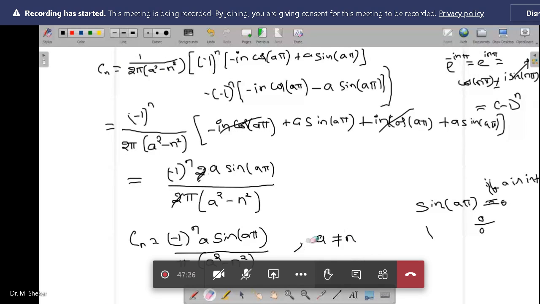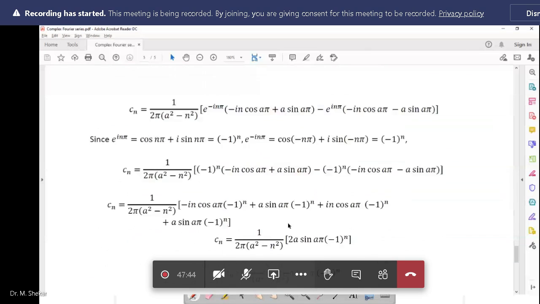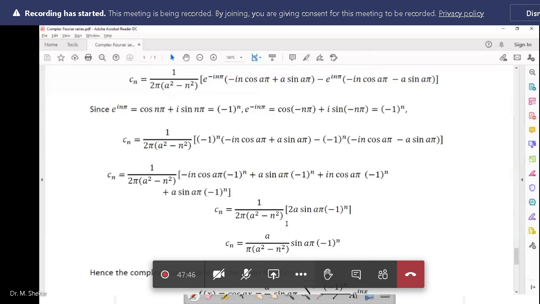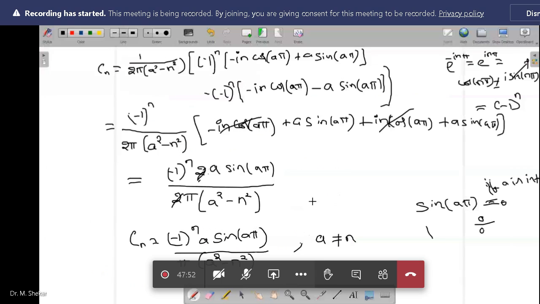Other than that, this result is non-zero. So this is what Cn is. Any doubt in Cn? I just cross-check because I took the previous slide to here and jumped without cross-checking. Okay, a by pi, a square minus n square. Now we have taken care of all the terms.